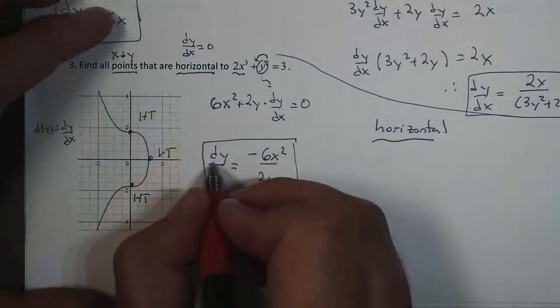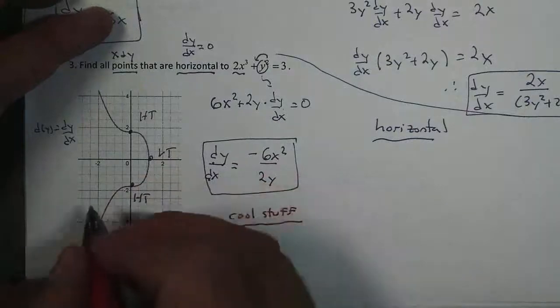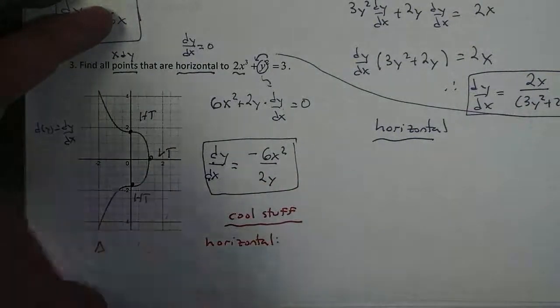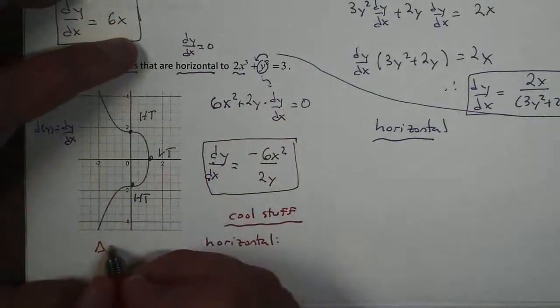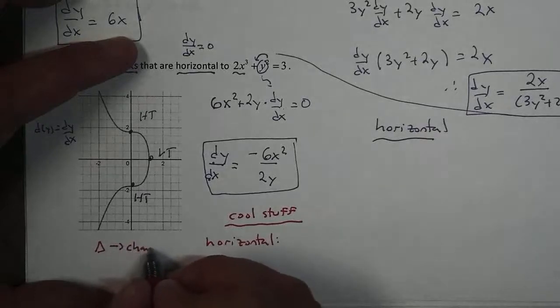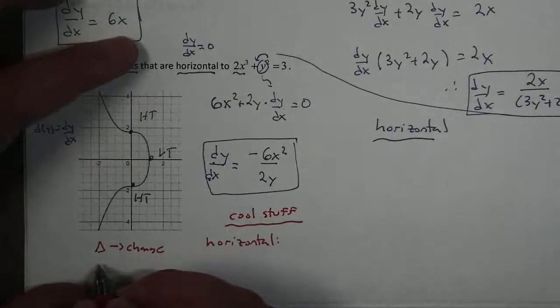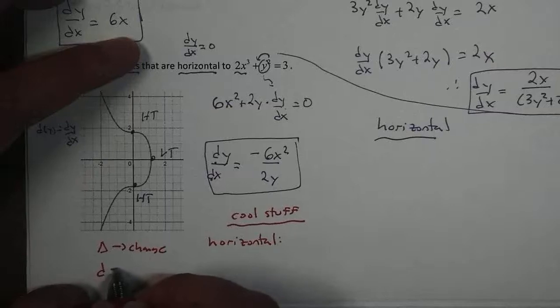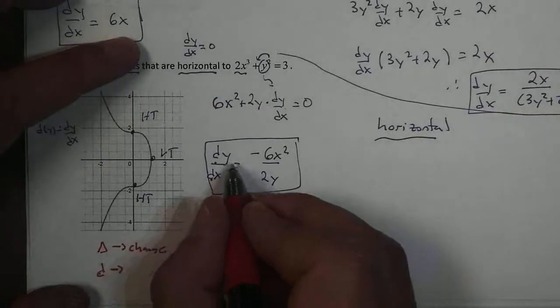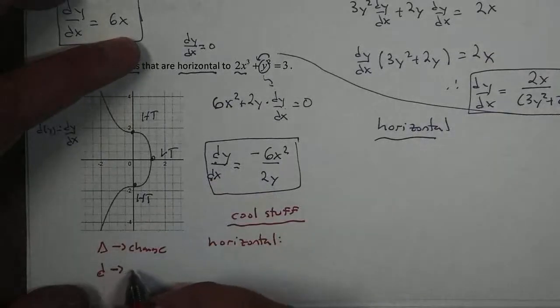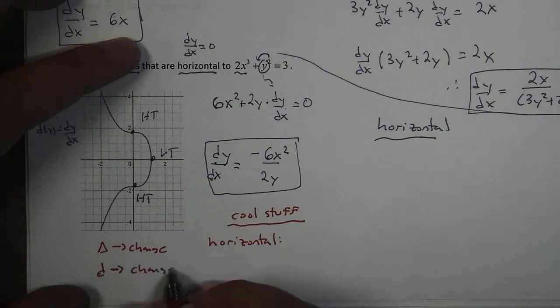We have this dy/dx. And you might recall from pre-cal that anytime we see the word delta, it means change. Well, that's what's really cool about that Leibniz notation. That d in dy/dx stands for delta, so it also stands for change.